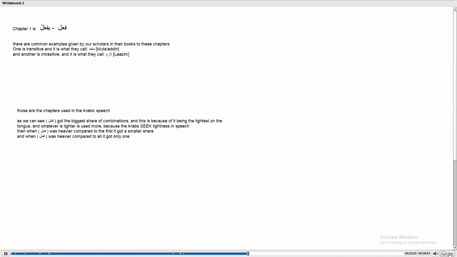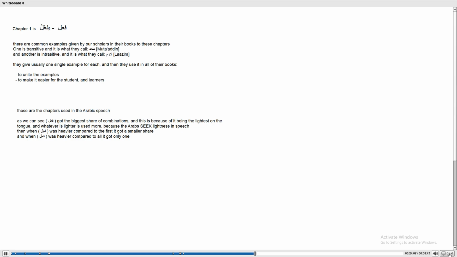They give usually one single example for each, and then they use it in all of their books. Why? To unite the examples and to make it easier for the students and learners.